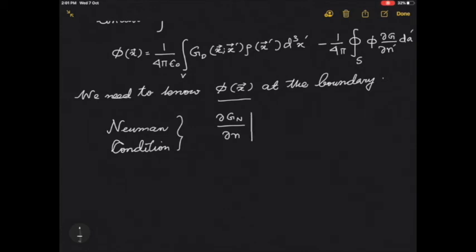So what I choose here is that del G_N del n at the boundary is minus 4 pi by the total surface area, which I can calculate by doing an integration over this surface only. Okay, so if I do that, let's see what I get for my phi.